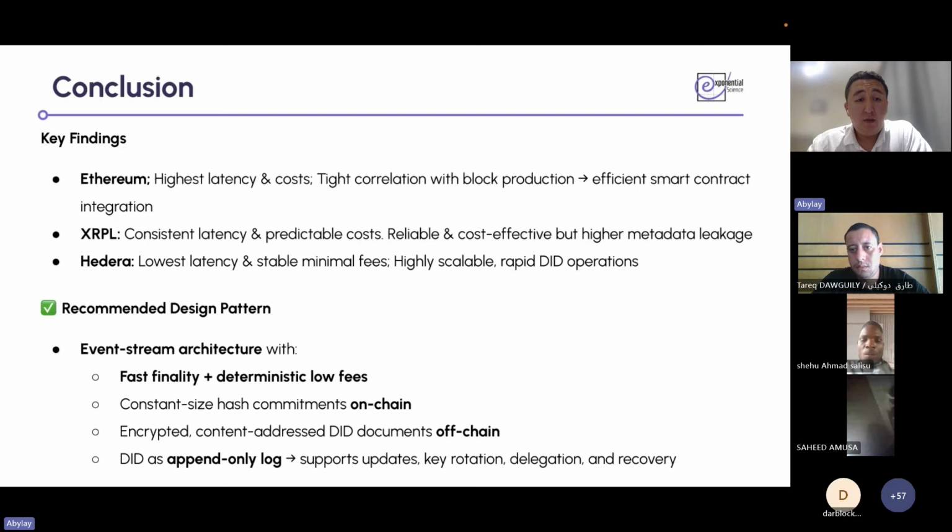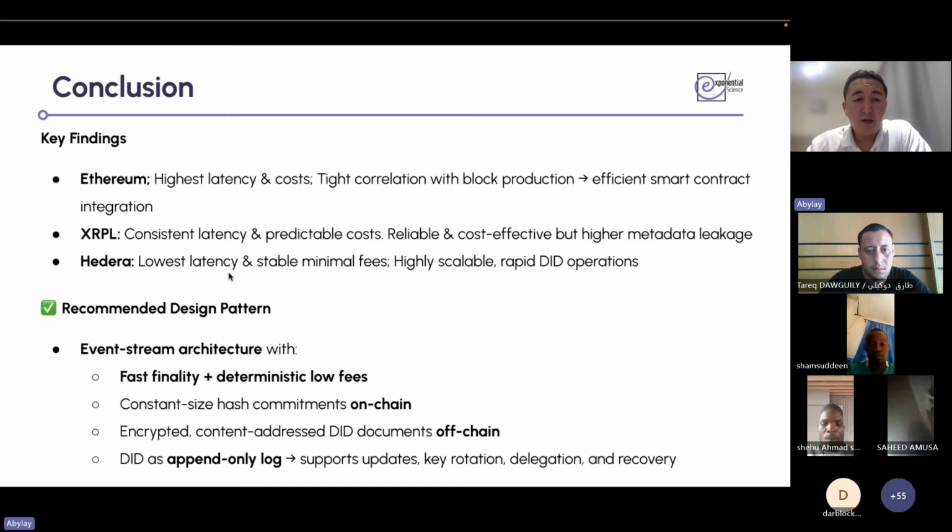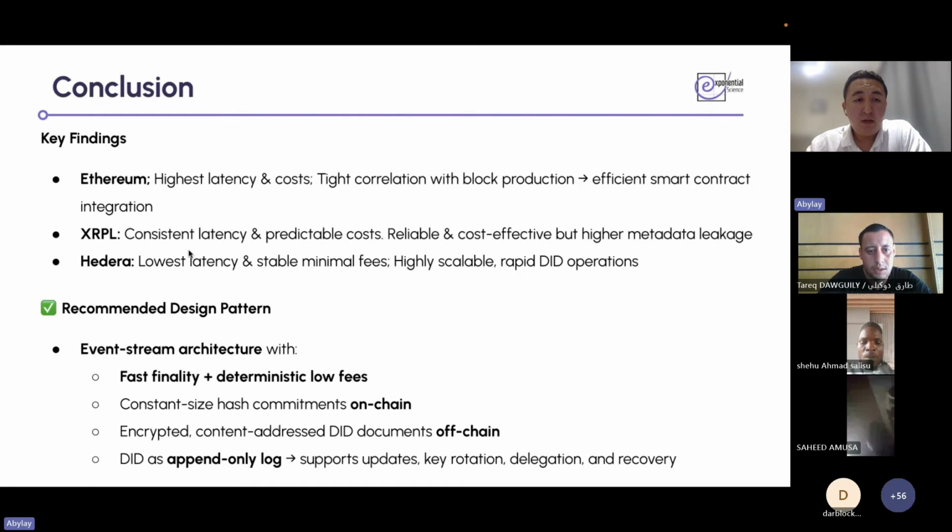In XRPL, we are seeing consistent latency and predictable costs, the lowest costs, and in terms of metadata leakage, it's the highest. Hedera has the lowest latency, but in terms of cost it's in the middle, but still low. It's highly scalable for repeat DID operations.